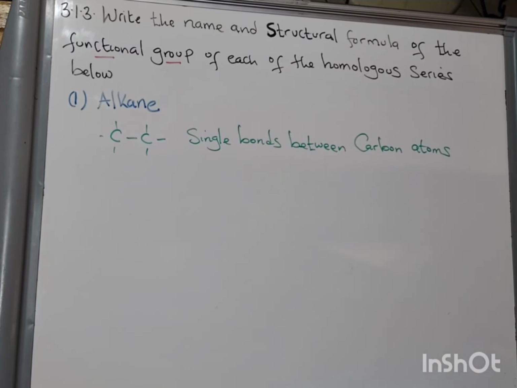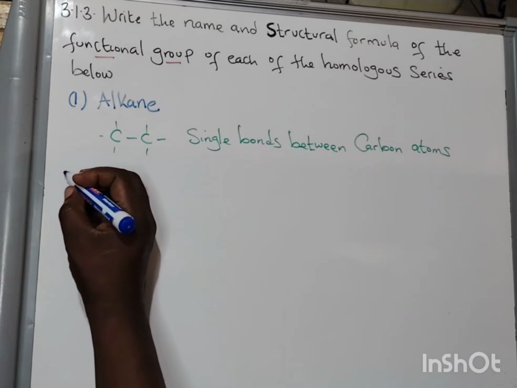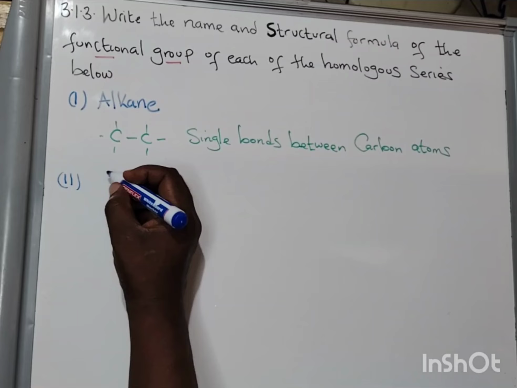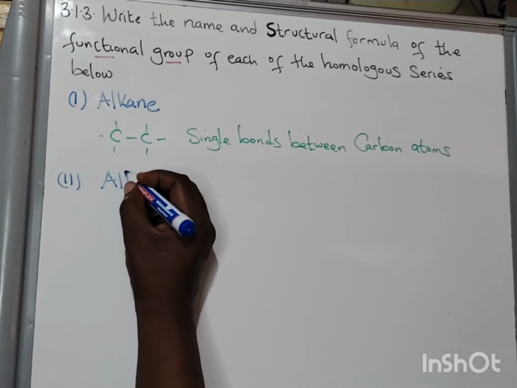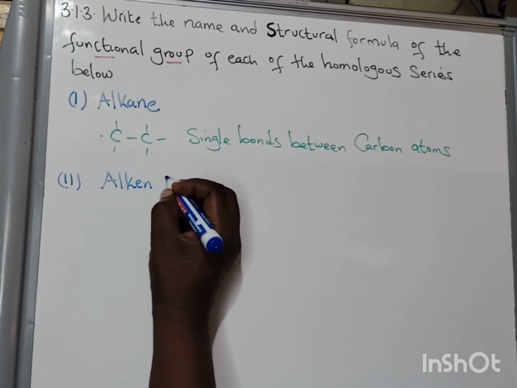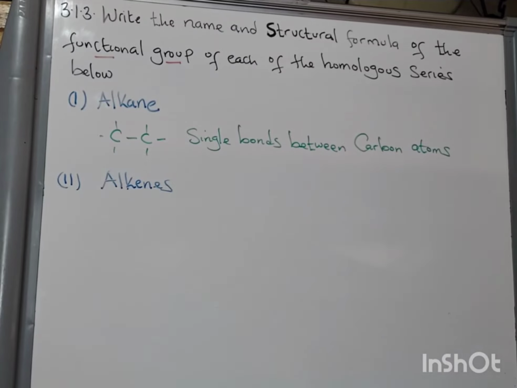Okay, then comes the next one. What is it? Alkenes. What is the structure formula of the functional group of alkenes?